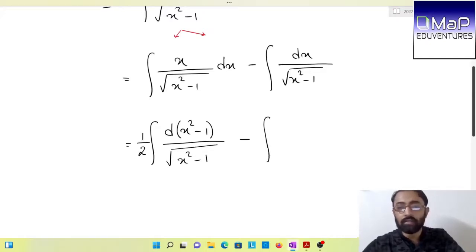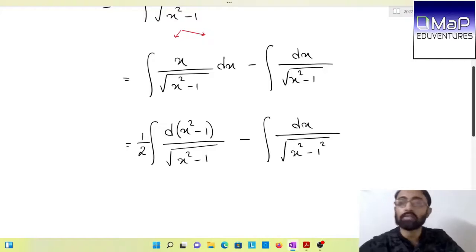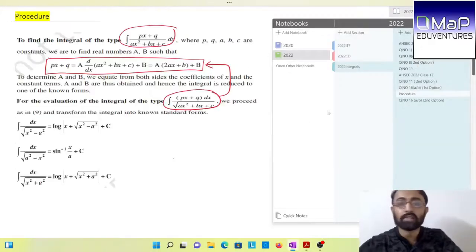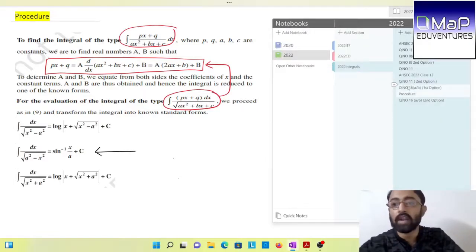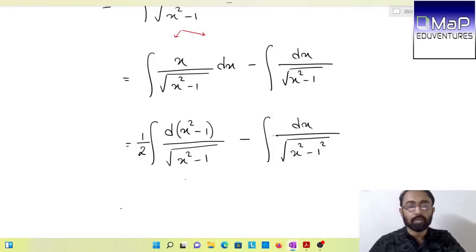And in the second form, you will go directly to the formula of integration under root x square minus a square. So now let us take a look. You can observe that this is your formula for the second part. And for the first part, you can directly go to log. So in the first part, you will have integration dt by root t.